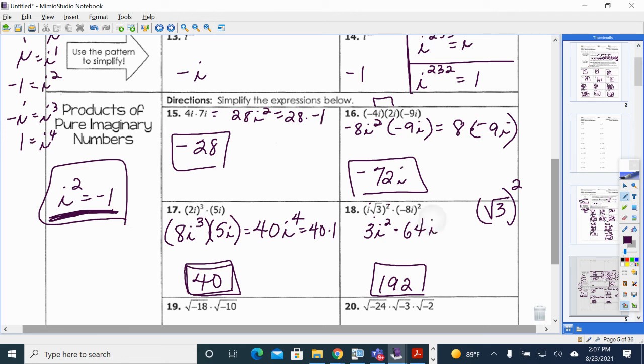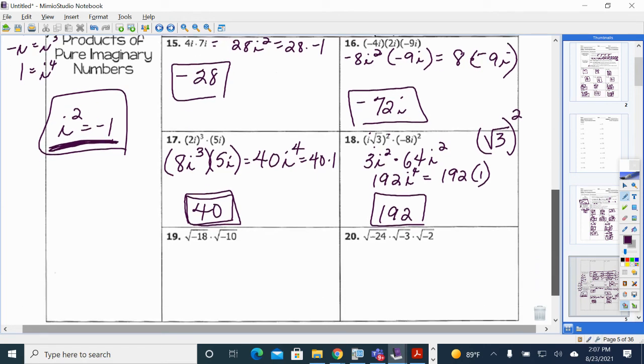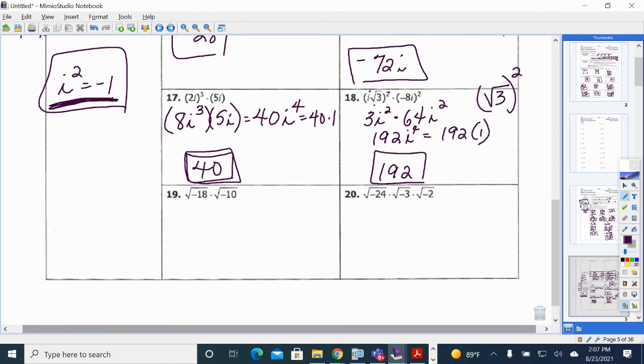And then you got your i squared. From there, we would need to multiply the 3 times the 64 to get 192. i squared times i squared is i to the fourth. And i to the fourth is equal to a positive 1, which gives you the 192. All right. Again, if you do those in the calculator, I'm okay with that.